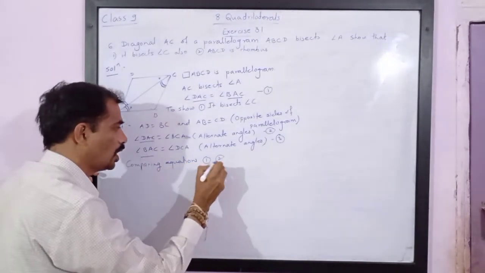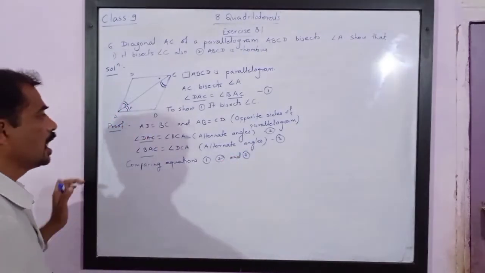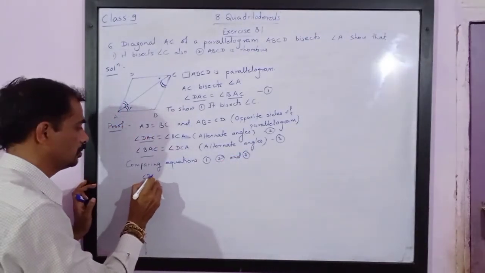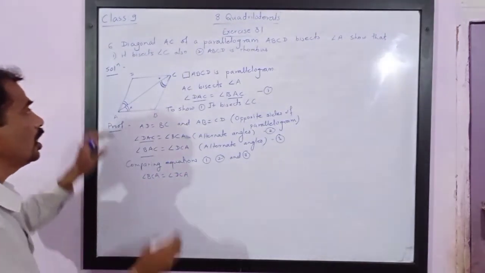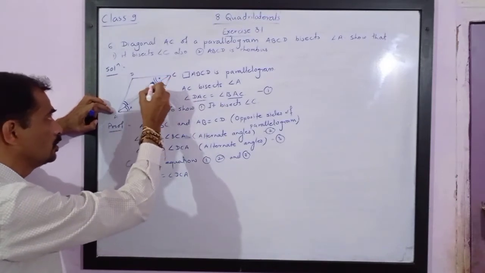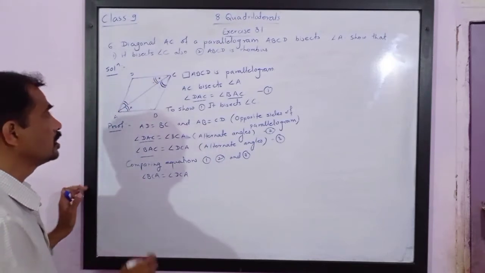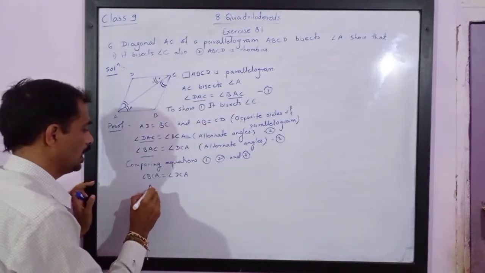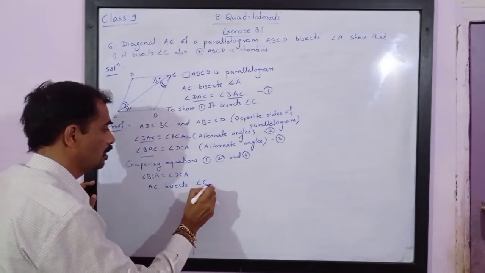Comparing equations 1, 2 and 3, we can say that angle BCA equals angle DCA. Now we have got angle BCA equals DCA. These two angles are equal. It means AC bisects angle C. Therefore, we can say that AC bisects angle C.